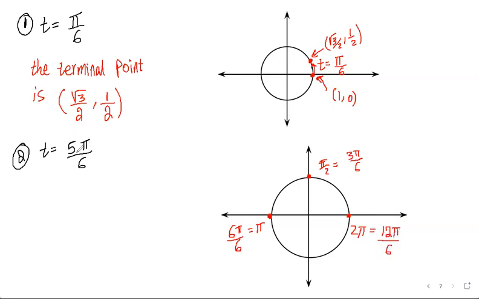So 5 pi over 6 is between 3 pi over 6 and 6 pi over 6, so it will be around here. This means I start moving from this point around the unit circle up to here.